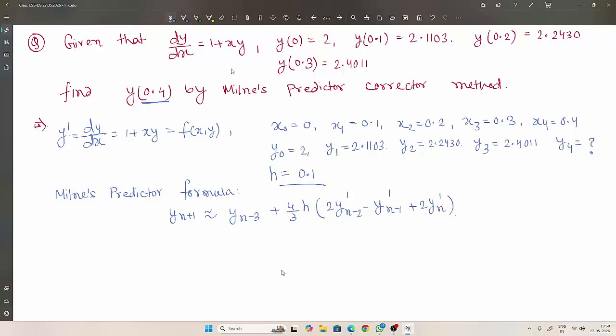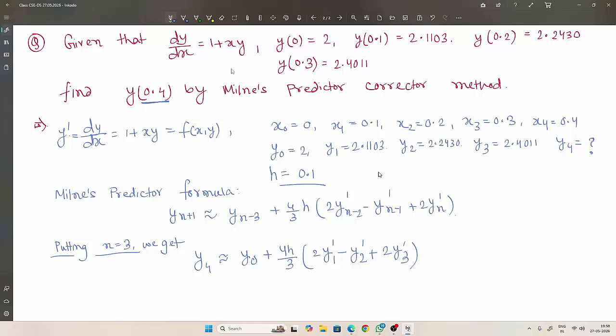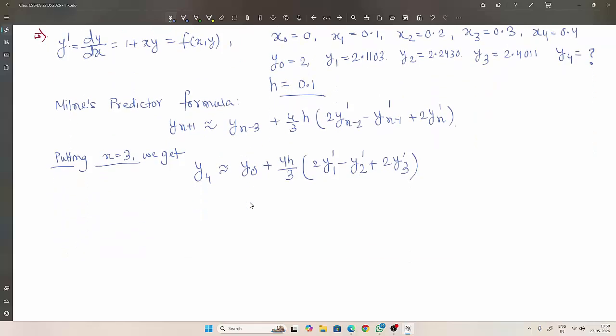Now in this predictor formula, putting n equal to 3, we get the formula as y4 is approximately y0 plus 4h by 3 into 2y1' minus y2' plus 2y3'. Now one by one you have to find all those values.